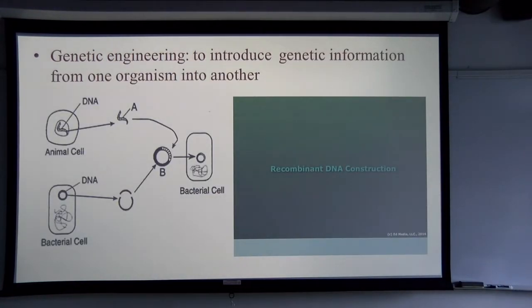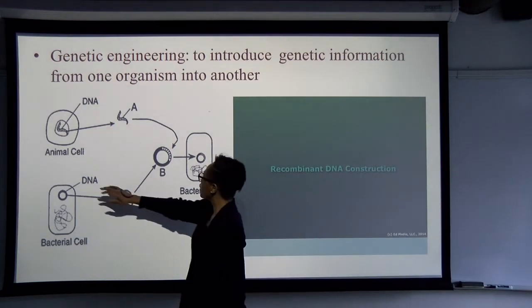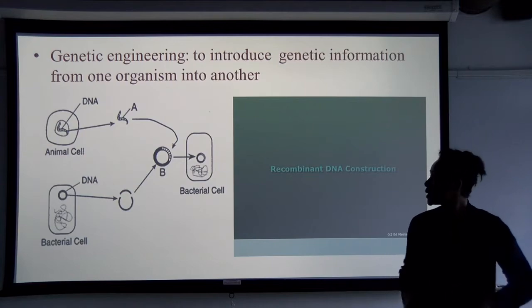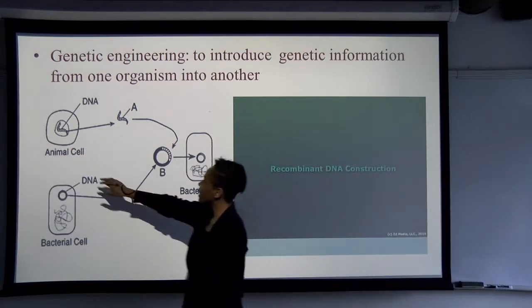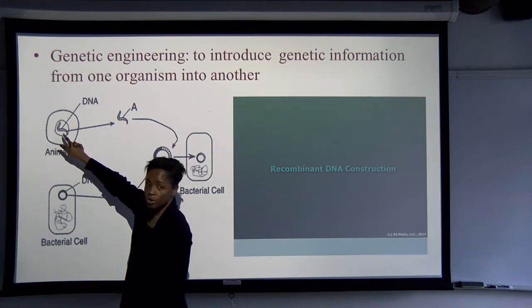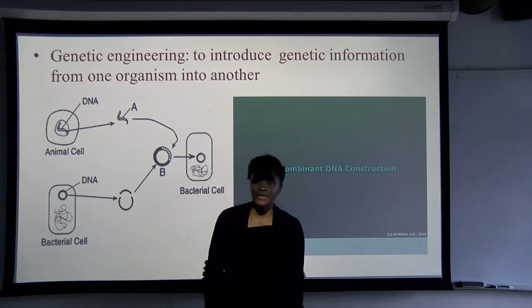All right, the next group I want us to look at is genetic engineering. Genetic engineering is where we introduce genetic information from one organism into the next. And I know you guys have seen this one in class, when we talked about producing insulin. We take the genetic information to produce insulin from the animal cell by using a restriction enzyme.